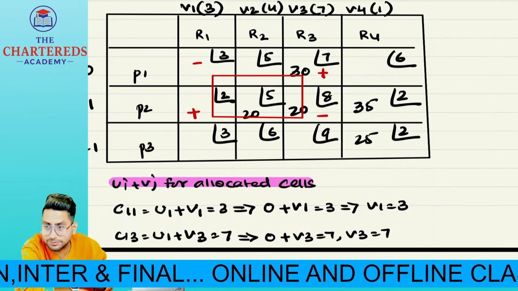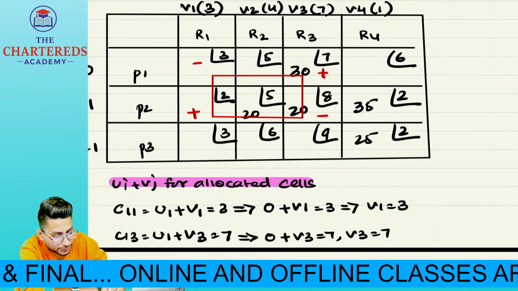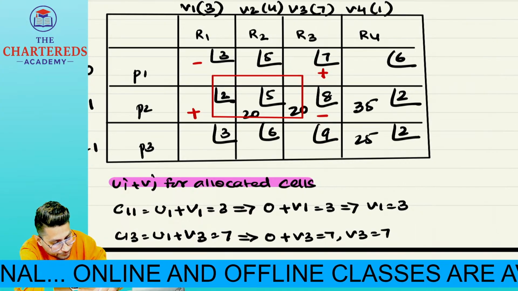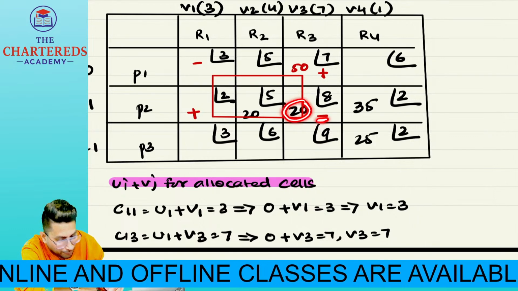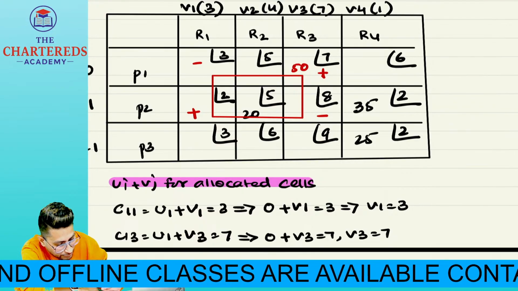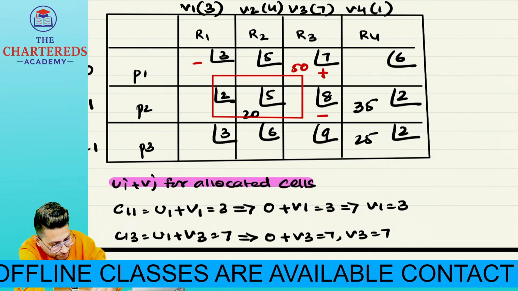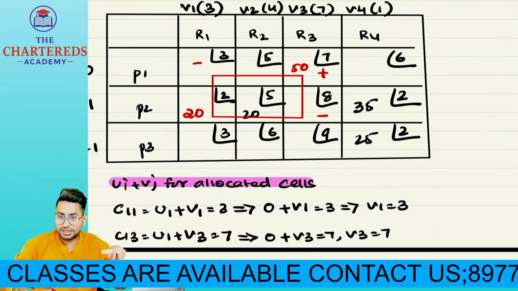So this will become 0. Then here 30 plus 20 will become 50. Next, here 20 is there, minus 20 will become 0. Here nothing is there, right? 0 plus 20 will become 20. So we created a loop and changed the numbers.